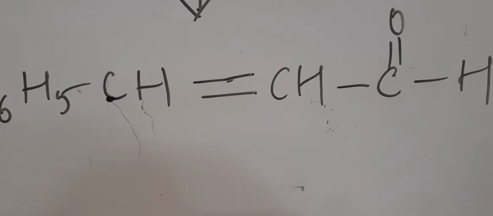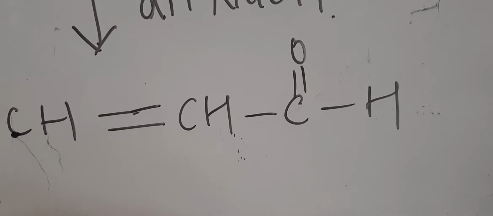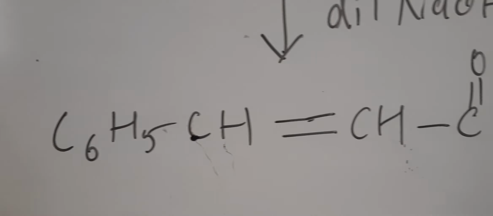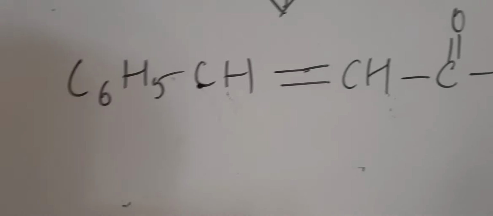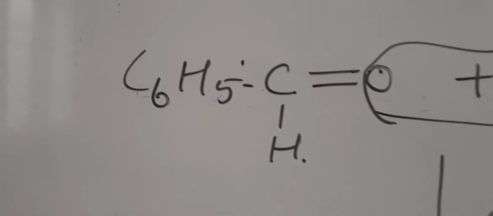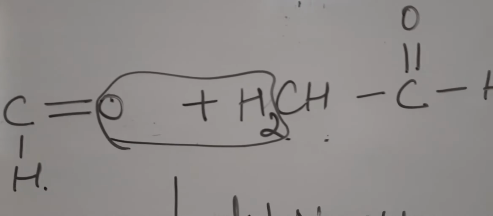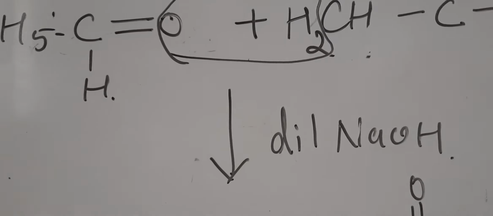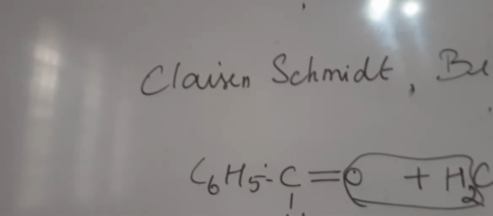C6H5-CH=CH-CHO. This is said to be cinnamaldehyde. So in the Claisen-Schmidt reaction, an aromatic aldehyde, benzaldehyde, combines with an aliphatic aldehyde such as acetaldehyde in the presence of dilute NaOH to form cinnamaldehyde. So this is the Claisen-Schmidt reaction.